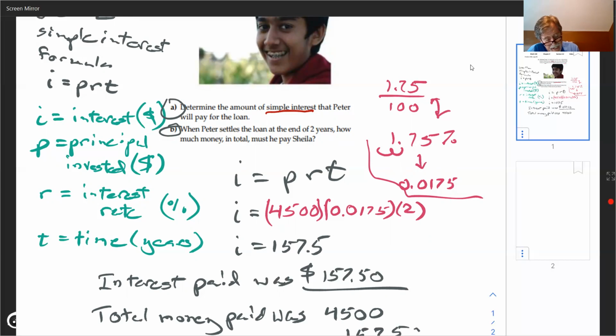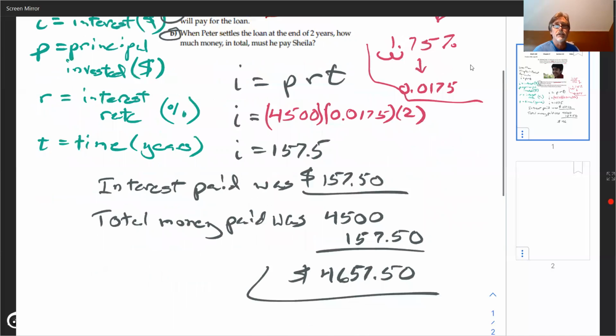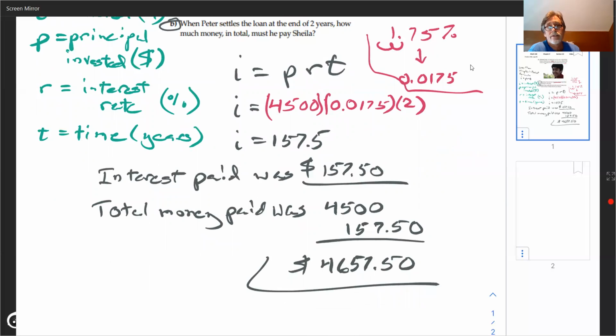If you add that together, here's your answer: for this loan, for the straightening of the kid's teeth, he paid $4,657.50. You think that's a lot of money? That's how much it is.